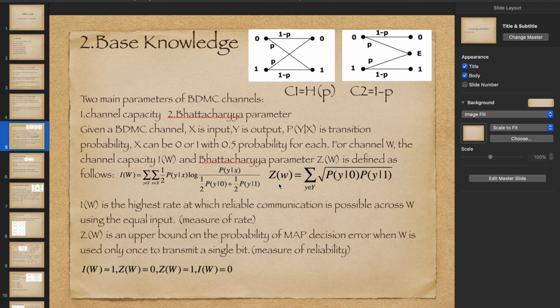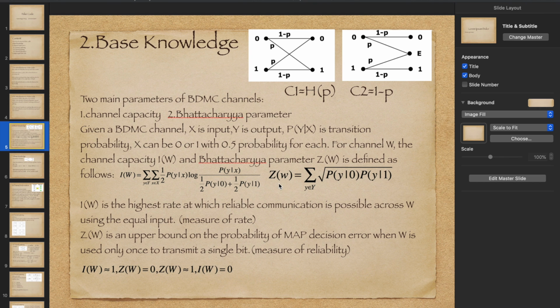So the channel capacity I(W) is the highest rate at which reliable communication is possible across W using the equal input. It is a measure of rate. It is also called the symmetric capacity. And Z(W) is an upper bound on the probability of maximum a posteriori decision error when W is used only once to transmit a single bit.